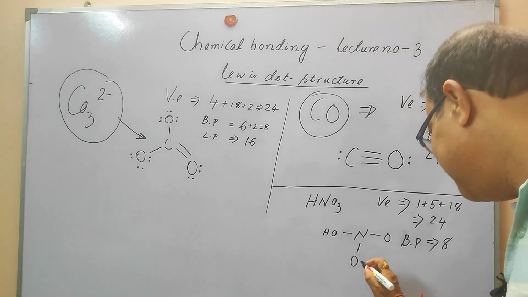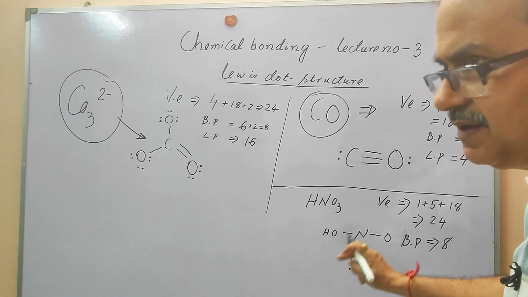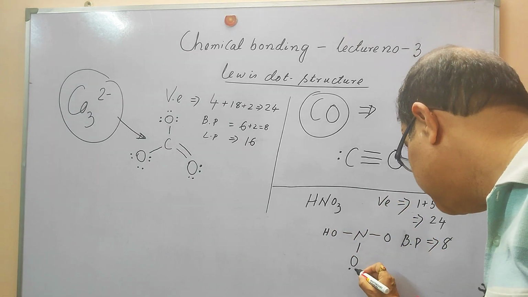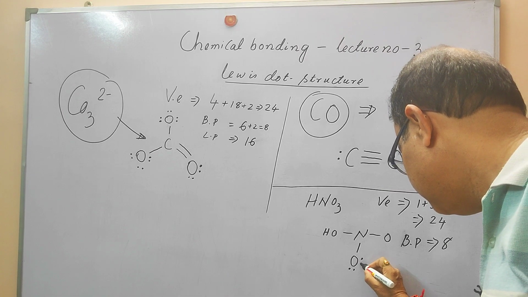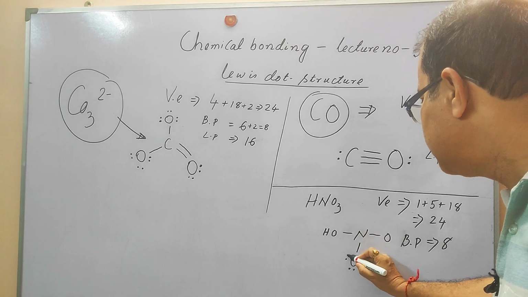Then we go for satisfying the octets of the other oxygen atoms with lone pairs.